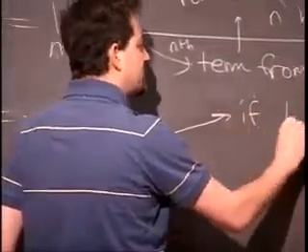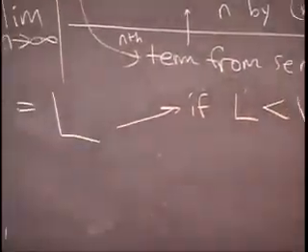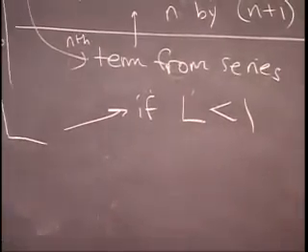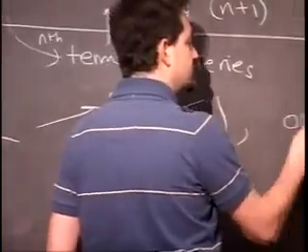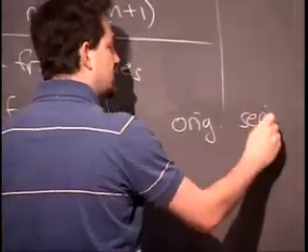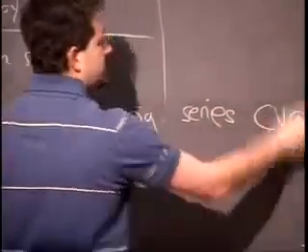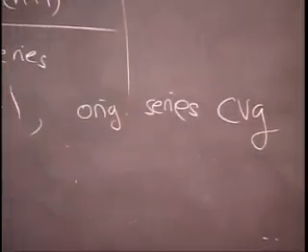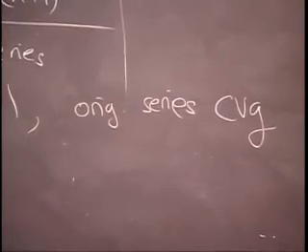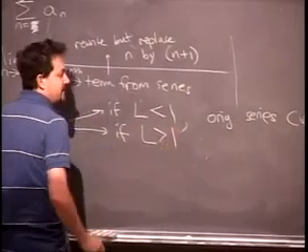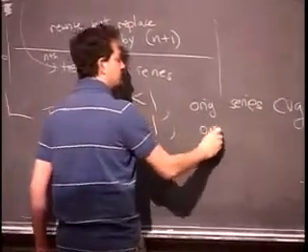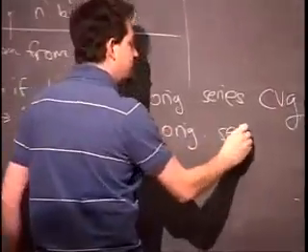If L happens to be less than 1, so you've done this ratio, if the limit is less than 1, the original series, which we haven't even touched, converges. That is enough to tell that the original series converges. If the limit is greater than 1, the original series diverges.